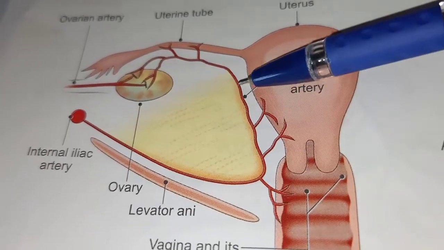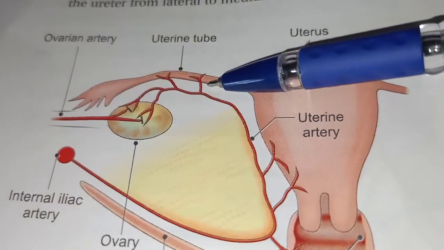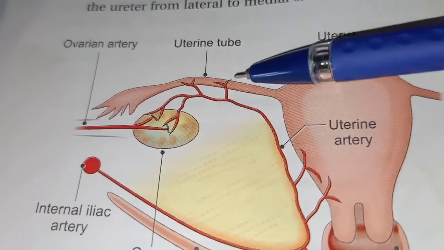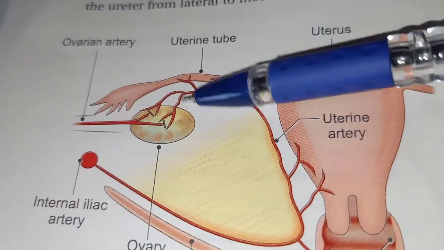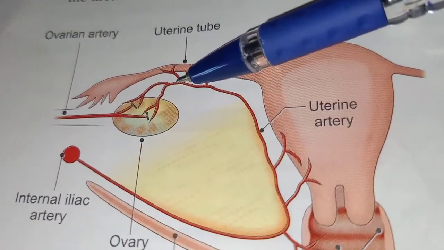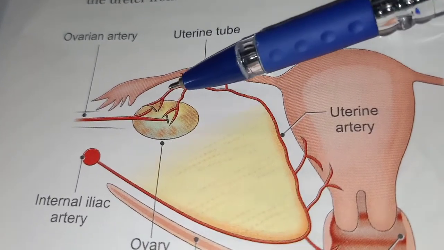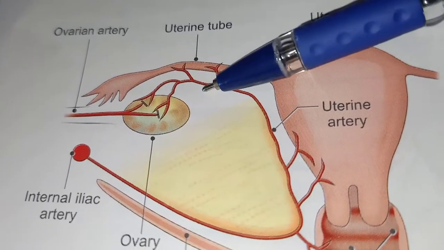It is going within the two layers of the broad ligament, and it will reach the junction of the uterus with the uterine tube, and it runs laterally below the uterine tube.